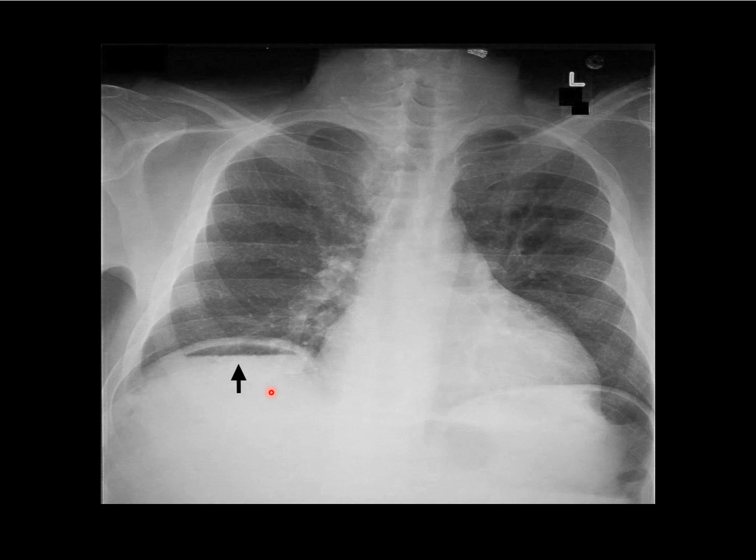So that is free air in the peritoneum, not confined to the bowel, and that is called pneumoperitoneum. The presence of pneumoperitoneum will confirm that the bowel has been perforated.